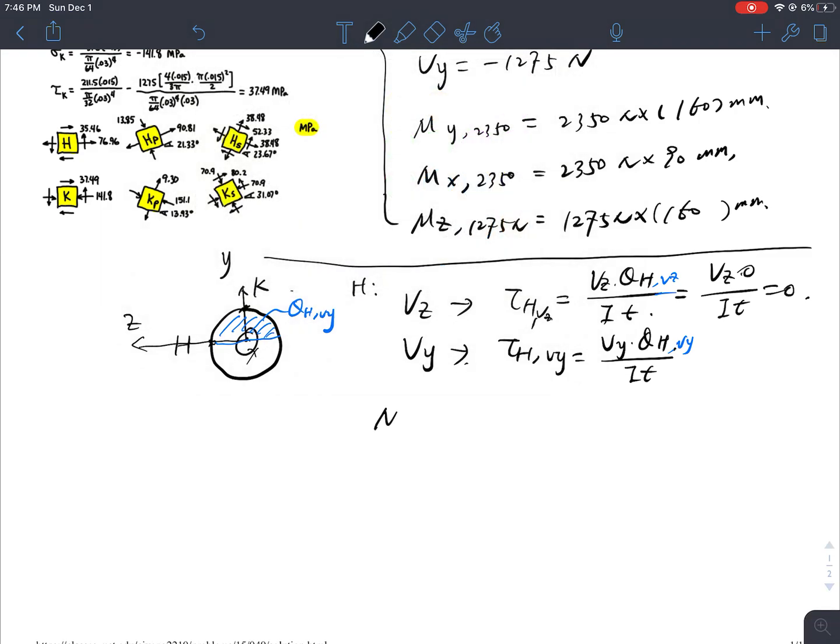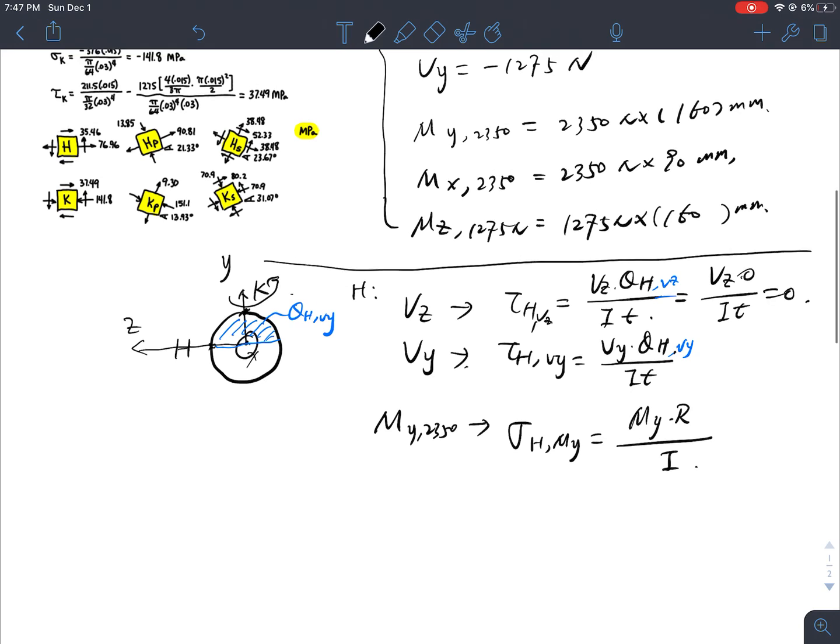Okay, how about My? So My basically will generate a bending moment, right? So I have a tensile stress generated by My equal to My r divided by I. Okay, how about Mx? Mx is actually going in terms of torsion.